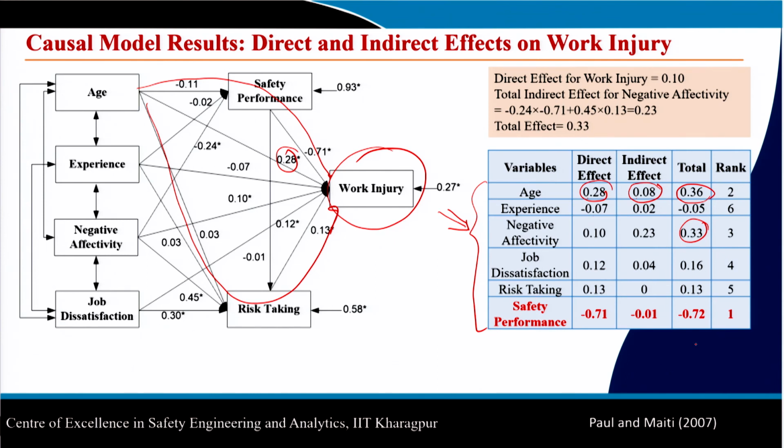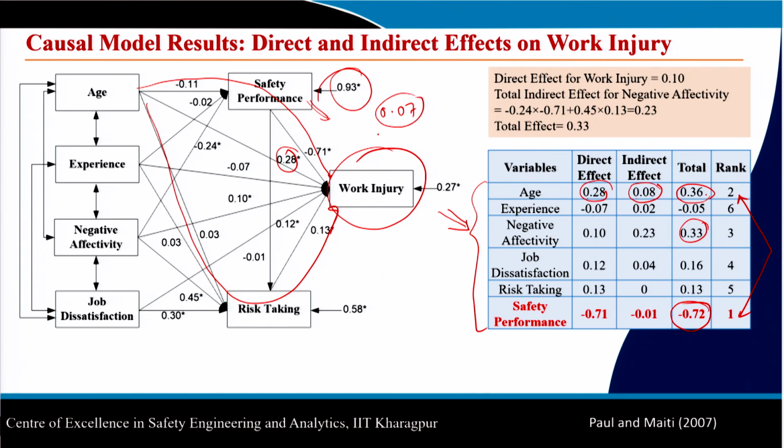So two things are important here. The safety performance is very high, 0.72, risk taking 0.36. So these two come first and second. Now again, for safety performance, probably whatever factors or variables you have considered are not good enough to explain the variability in safety performance, because the error variability here is 0.93, and the explained variability is only 0.07.